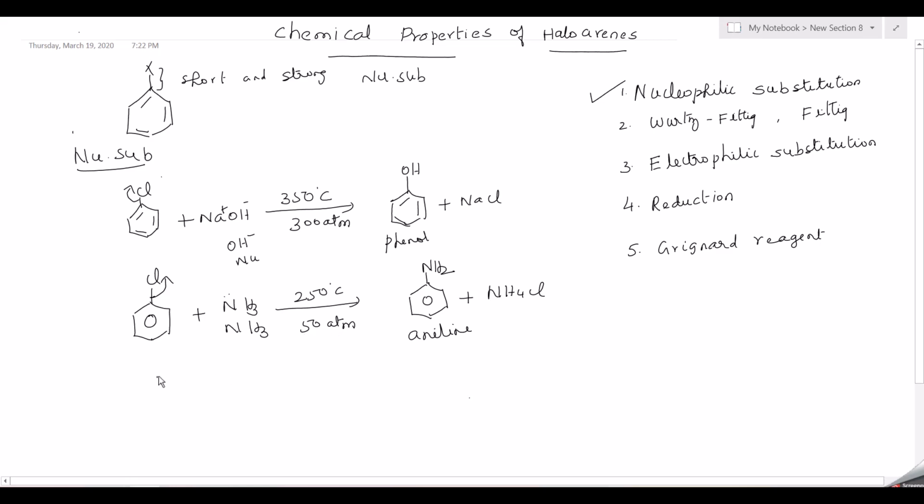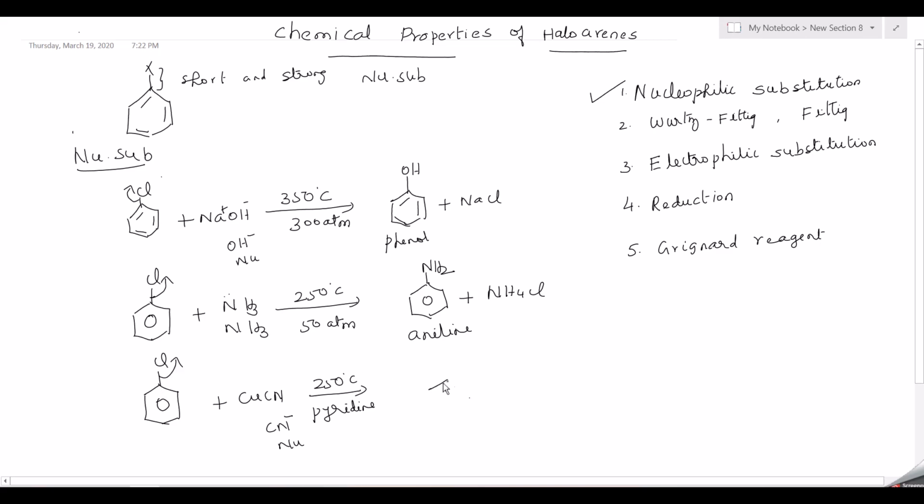So now next example, you take chlorobenzene on treatment with cuprous cyanide, that is CuCN, at 250 degrees Celsius in the presence of pyridine as a catalyst. Here the CN minus, which acts as a nucleophile, attacks this benzene ring, and there is a removal of this chlorine.